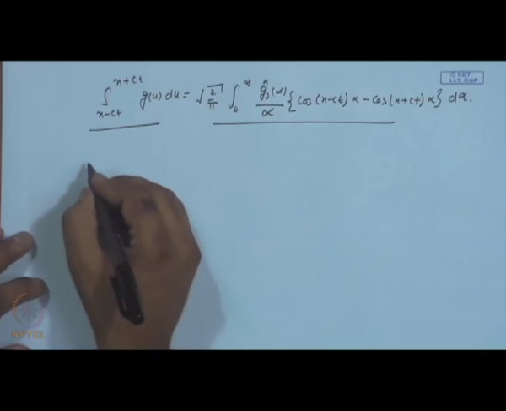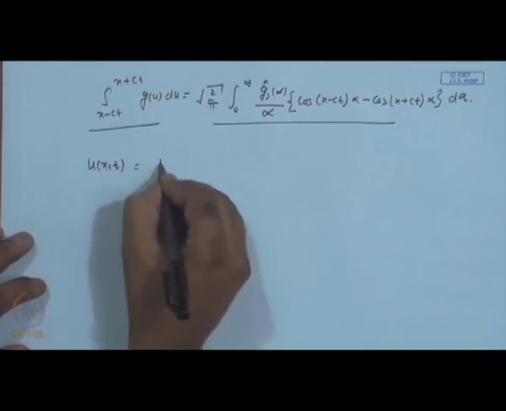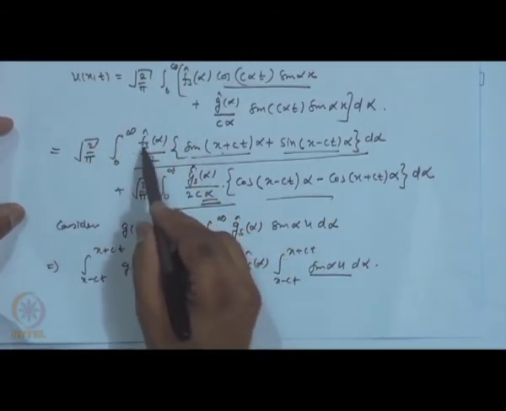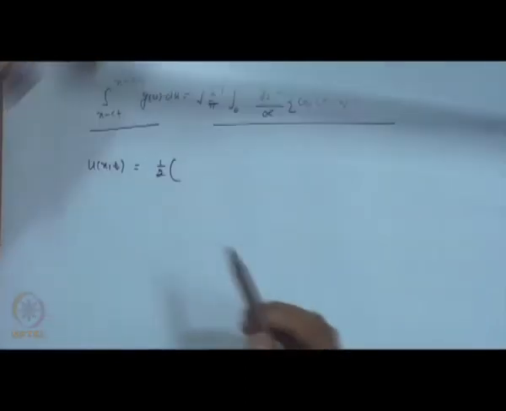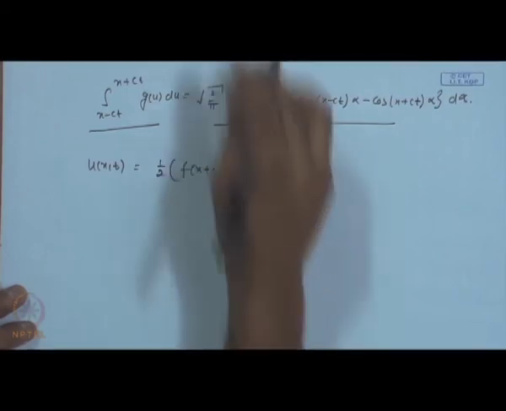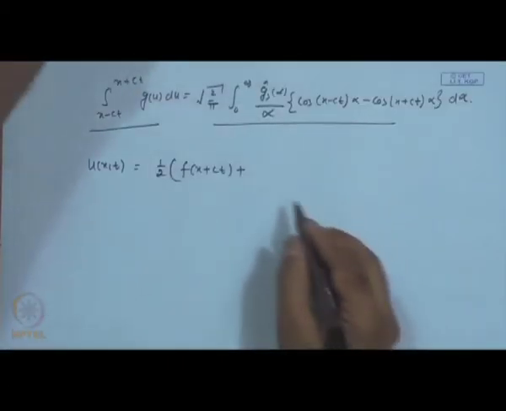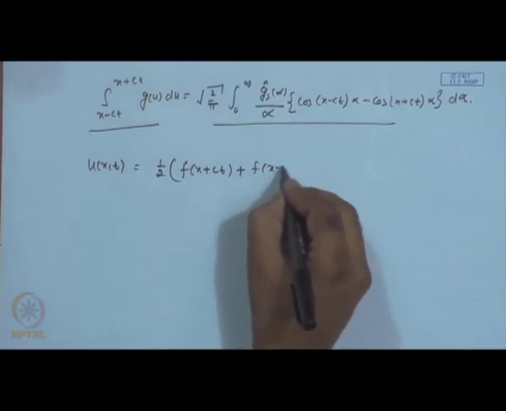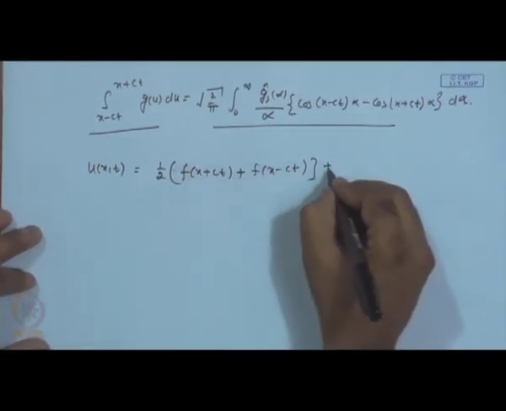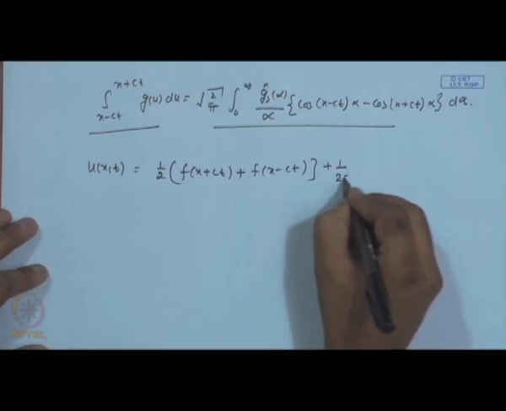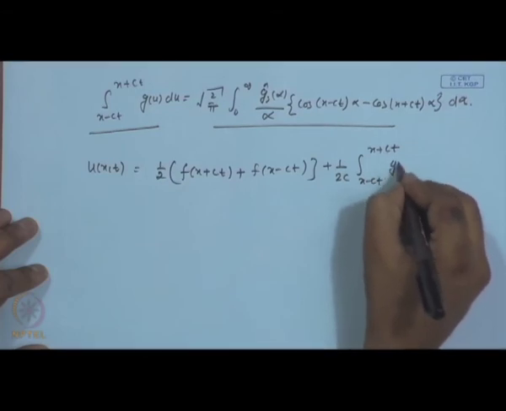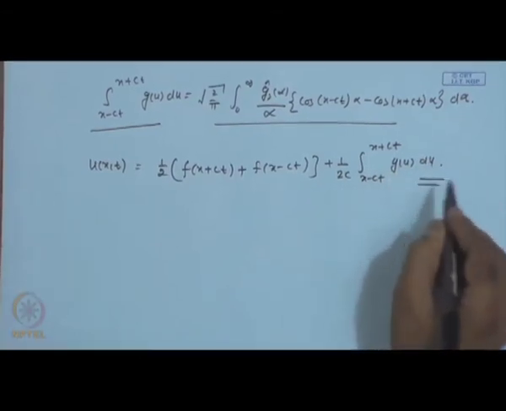So, we get the solution u(x,t) is half, square root 2 over pi, 0 to infinity f̂_s(α) sin(x+ct), we will get the f(x+ct), and then for the second one we have f(x−ct), and for the second term what we just arrived, it will be just x−ct to x+ct of g(u) du. So, this is the solution.